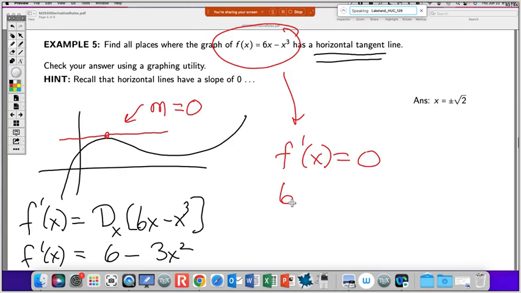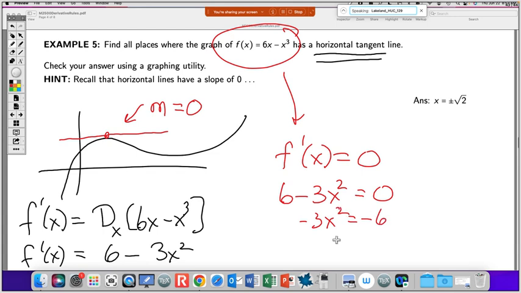Now I set this equal to 0, and we do a little algebra. x is in only one term on the left-hand side, which means we can get the x's by themselves. What would I do to both sides to get the term containing x squared by itself? Subtract 6 over.